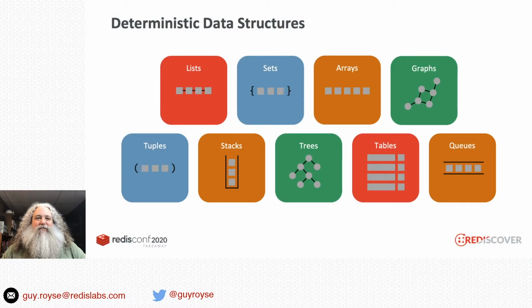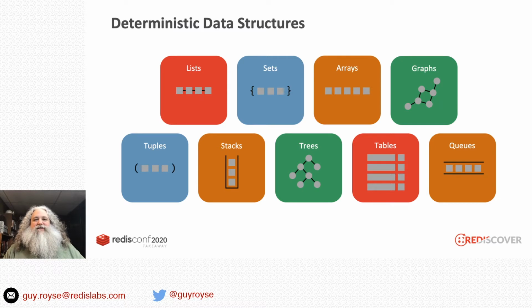To understand probabilistic data structures, I think it's worthwhile to think about deterministic data structures. There's probabilistic, and so there's got to be some sort of opposite that we can use as a way of describing this. And a deterministic data structure is the data structures you know and love and use already. If you're a Java developer, you've used lists, and hash tables, but in Java they're maps and hash maps.